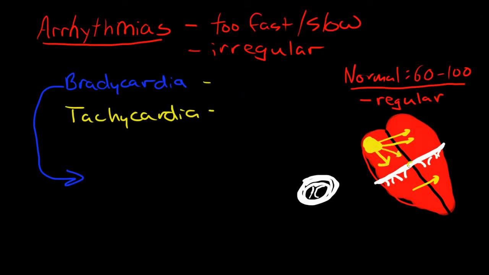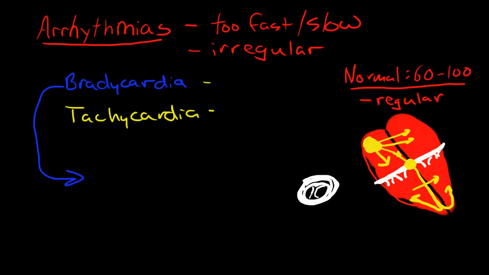Then we have an AV node here, and the AV node is the only pathway in a normal heart in which the action potential can pass from the atria down into the ventricles. Now, the AV node actually slows the conduction so that there is a delay between atrial contraction and ventricular contraction, but it generally passes it on quite effectively.